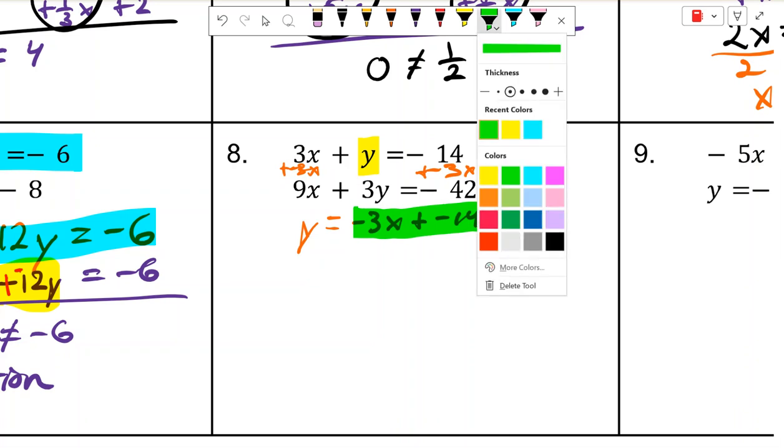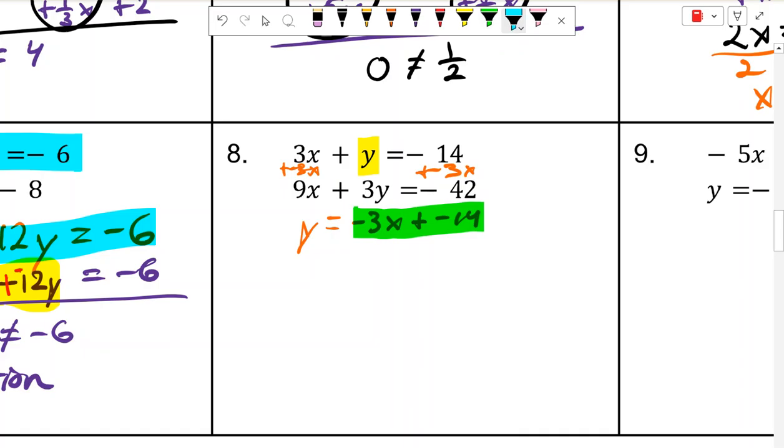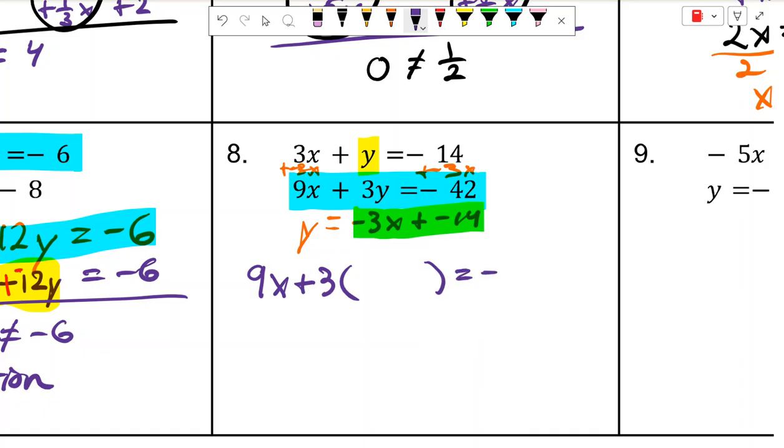And since I used the top one for my substitutor, I'm going to use my bottom one to work it out. So on my bottom one, I'm going to rewrite 9x plus 3 times a nice big parentheses for the y, is equal to negative 42. And remember, this one is my blue one.